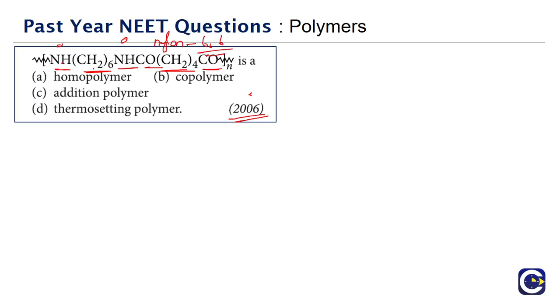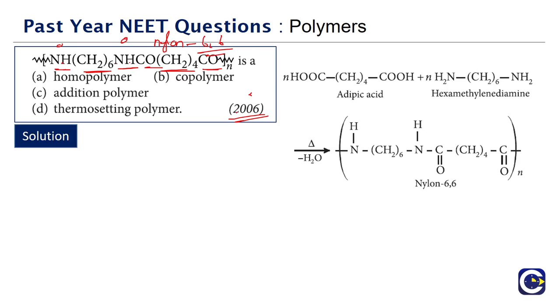Between two nitrogens we will have 6 carbons and adipic acid, 6 carbon acid. So the polymerization of this, right, will be giving us what? Nylon 66. And this happens because of loss of water molecule. So hydrogen from the NH2 will be removed and OH from the COOH. Loss of water molecule will give us the nylon 66.